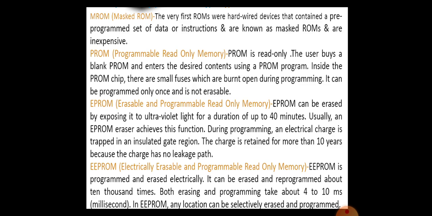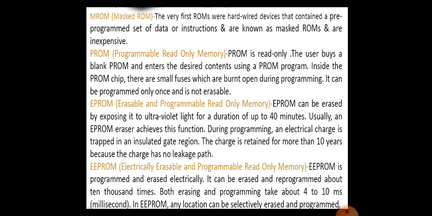Then programmable read-only memory means the user buys a blank PROM and enters the desired content using a PROM program. Inside a PROM chip, there are small fuses which are burned open during programming. It can be programmed only once and it is not erasable. When we buy a PROM, it will be empty. We need to add the content.